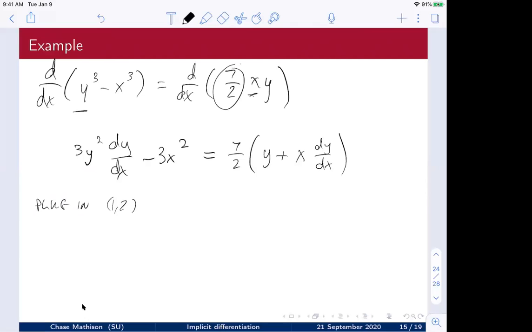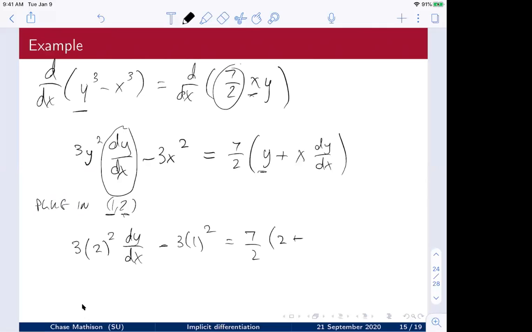Okay? So I'm going to plug in x is 1, y is 2. When I do that, I'm going to get 3 times 2 squared. I'm not plugging in anything here, because this dy dx is what I'm solving for, so you don't plug anything into that. Times dy dx, minus 3 times 1 squared, is equal to 7 over 2 times y, which is 2, plus 1, times dy dx.